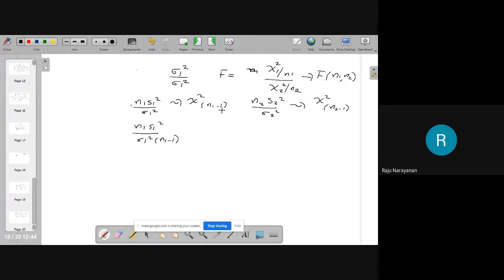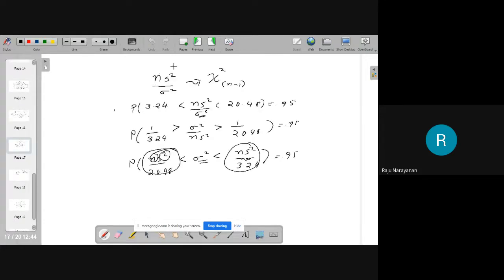Let me check: n s square by sigma square follows chi-square with n minus 1 degrees of freedom.